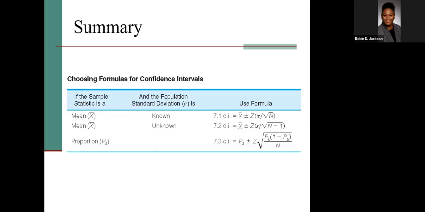And then for a sample proportion, the formula we use differs from the formula we use when the sample statistic is a mean.